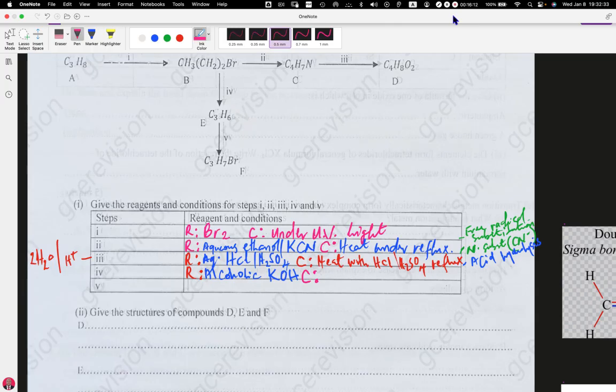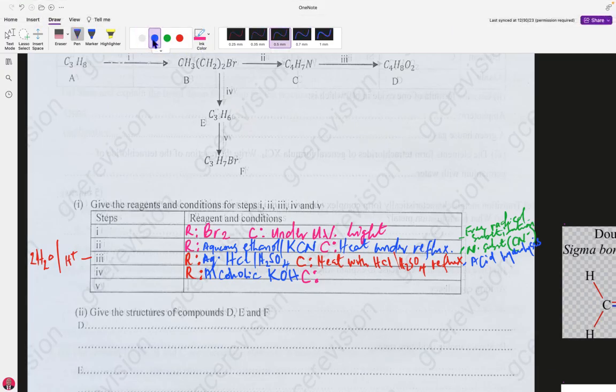This is an elimination reaction, as I told you, in the formation of an alkene.